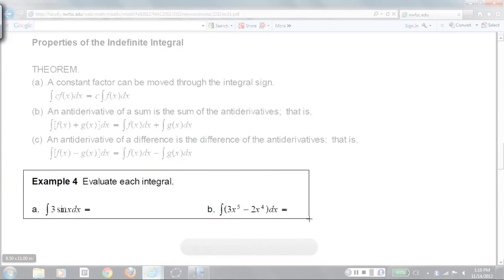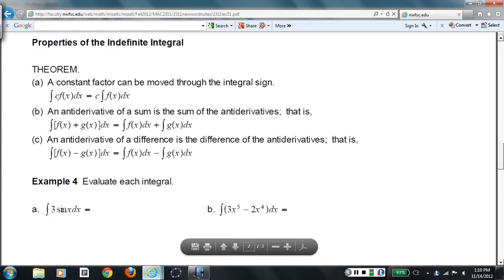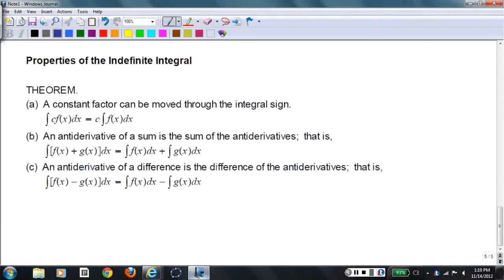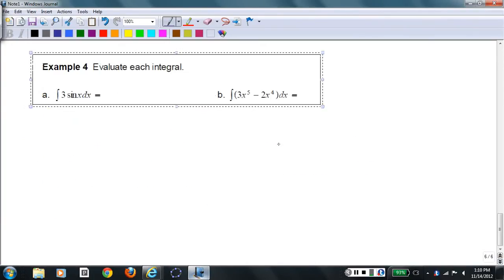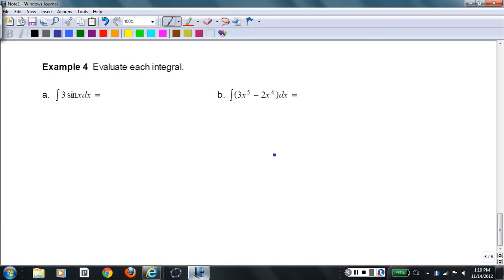So the first one, we use property A: the integral of a constant times a function is equal to that constant times the integral of the function. So step 1, we can take the 3 that's inside the integrand and pass it through the integral, just like we could do if we're taking a derivative.